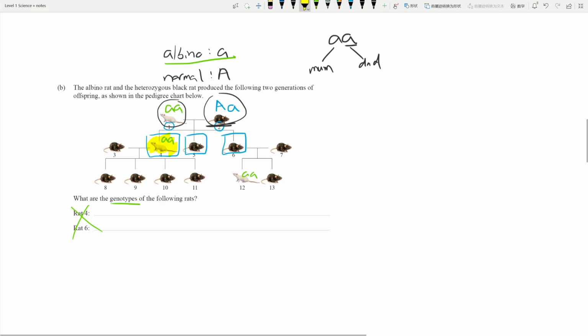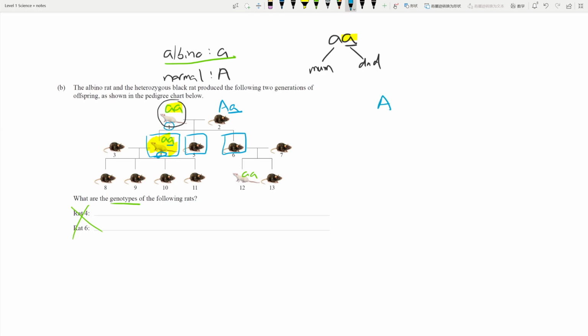So you get half of capital A, small a, which guarantees a small a from this particular rat, but then you have to get the other a from this rat. So number 2 has to be heterozygous, because there's no other possibility for number 4 to inherit this small a. So it has to have a capital A.